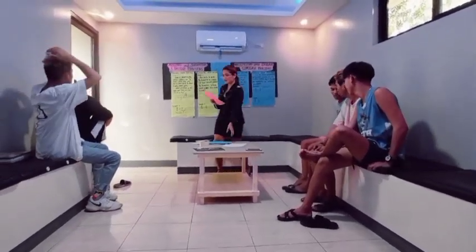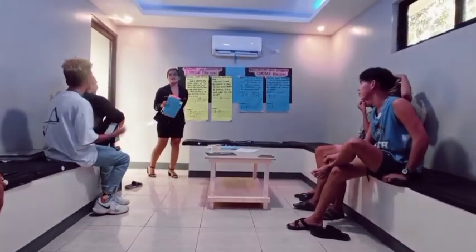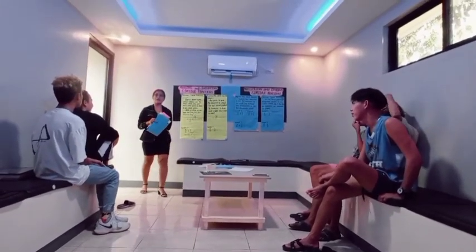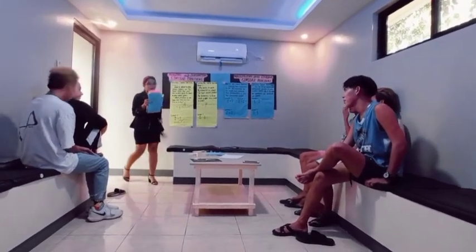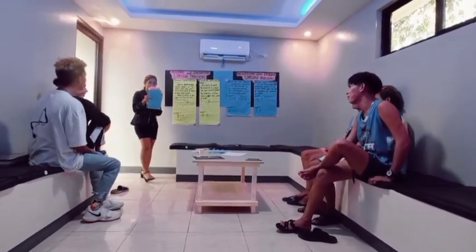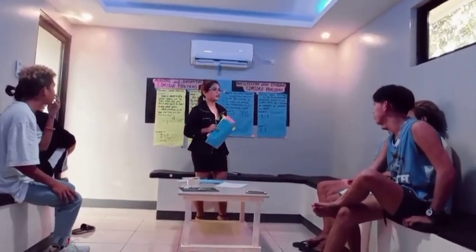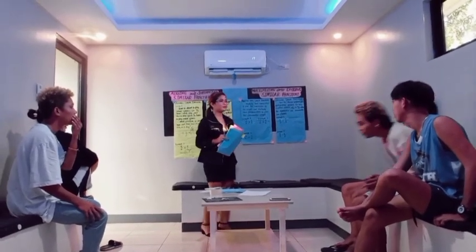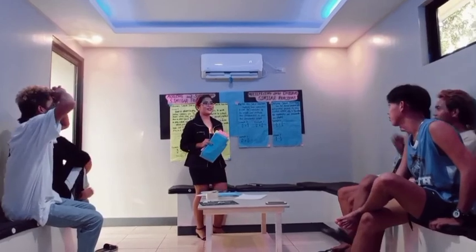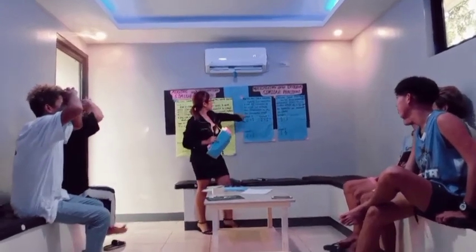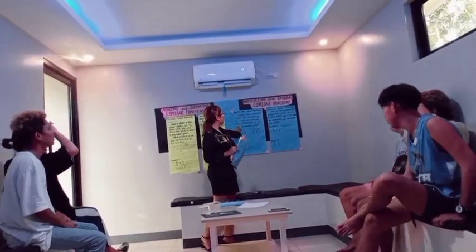Okay, very good. So for grade 4 class, fractions can be added or subtracted if they have the same denominator. For grade 5 class, what are the steps in multiplying similar fractions? First multiply the numerators, then multiply the denominators.